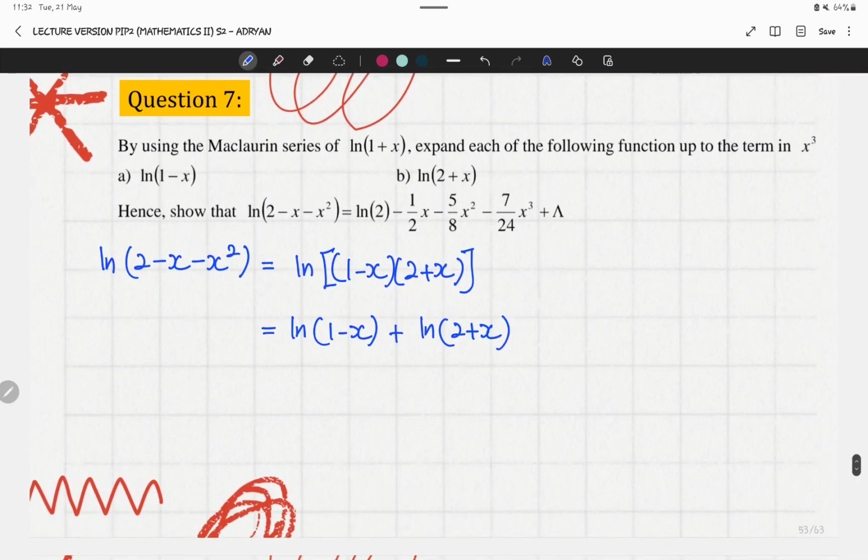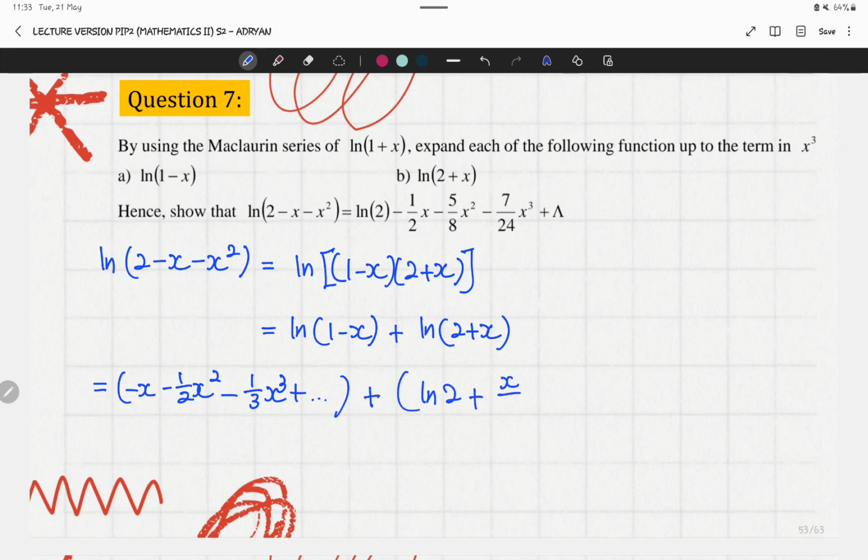Now just apply the expansions you did just now. Negative x minus 1 over 2x squared minus 1 over 3x cubed plus dot dot dot, plus the ln 2 plus x over 2 minus 1 over 8x squared plus 1 over 24x cubed, and then don't forget your plus dot dot dot.